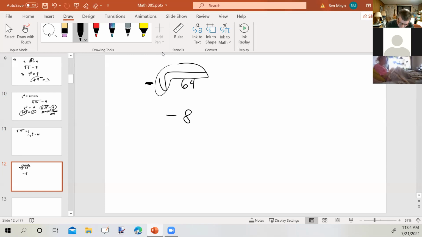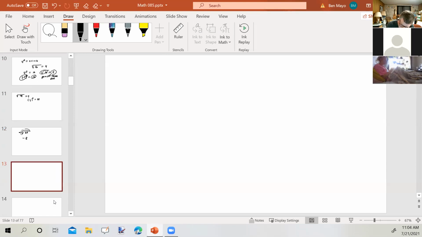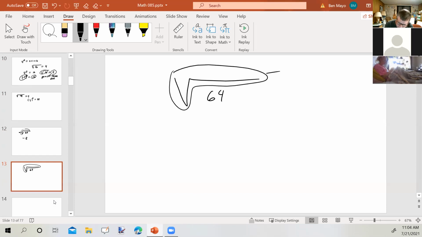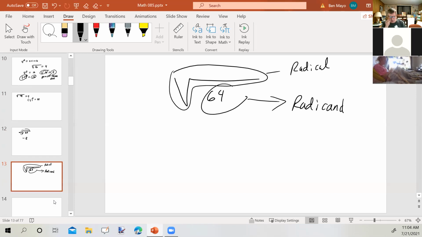Okay, now let's talk about some vocabulary. If I have the square root of 64, this thing is called the radical, and the quantity inside the radical is called the radicand. So that's kind of a strange word there, but the radicand is everything that's inside of the radical.